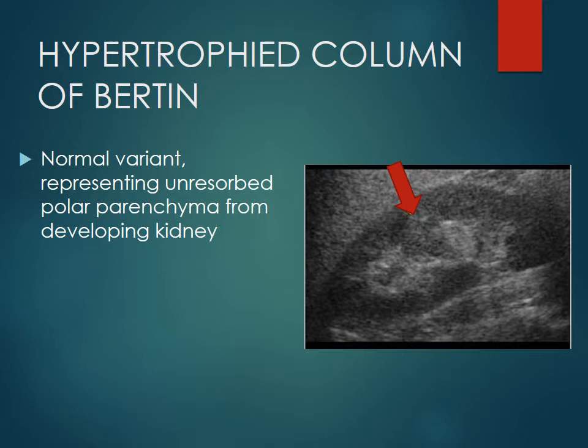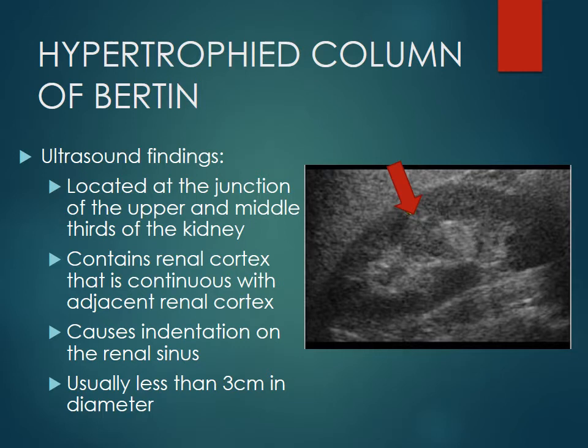For hypertrophied column of Bertin, it would only represent unresorbed polar parenchyma from a developing kidney. On ultrasound imaging, hypertrophied column of Bertin is usually located at the junction of the upper and middle third of the kidney, and it would always contain the renal cortex that is continuous with the adjacent renal cortex and would usually measure less than 3 cm in diameter.